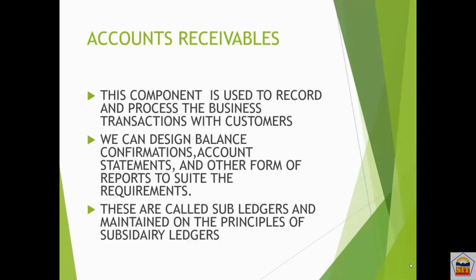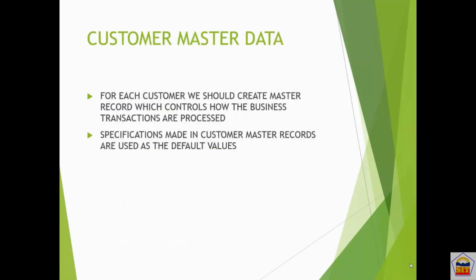Here also we will maintain two accounts, one sub-ledger account for the customers and one reconciliation account. Whatever transactions you do for your customer will also be updated in your reconciliation account.